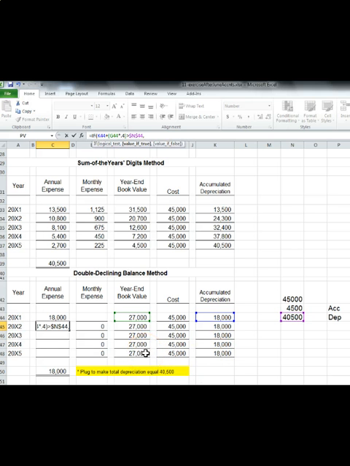So that's going to equal our book value, which is 27,000. So G44 minus our residual value in 43.